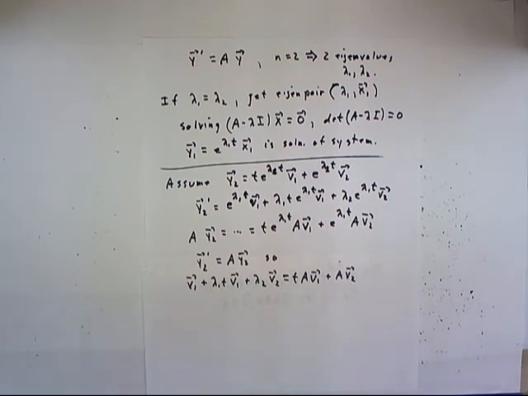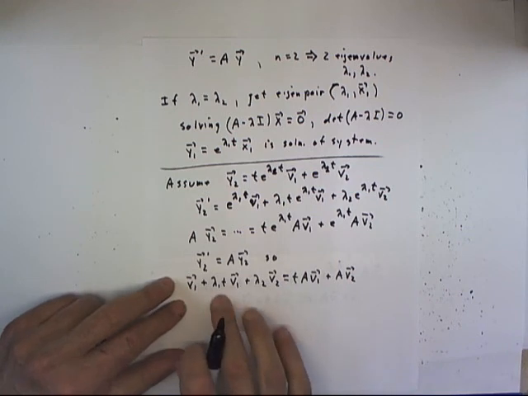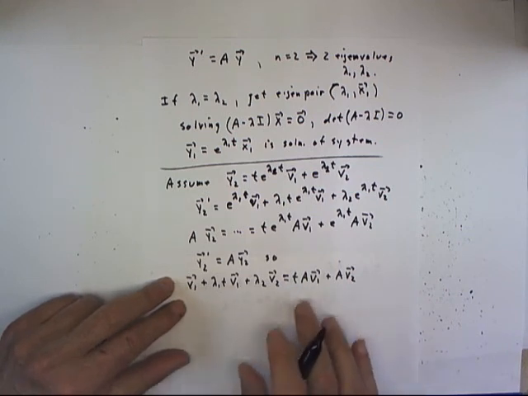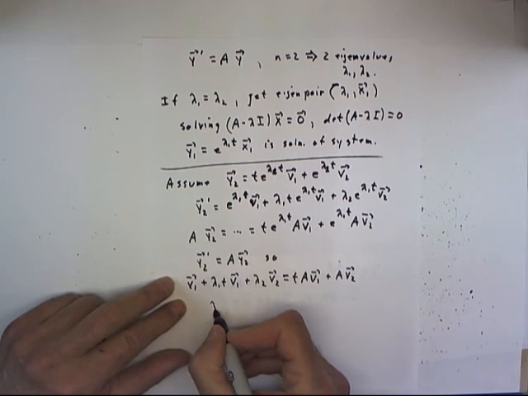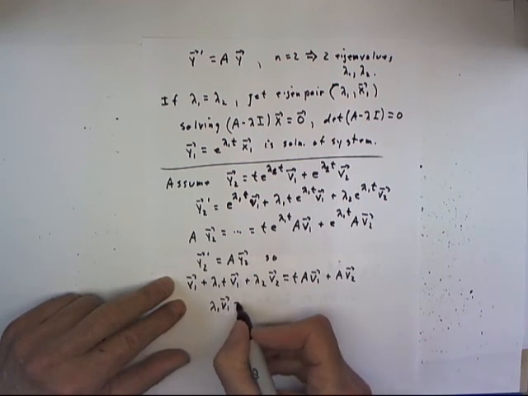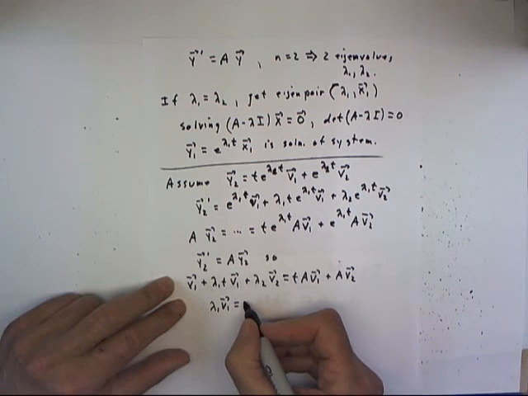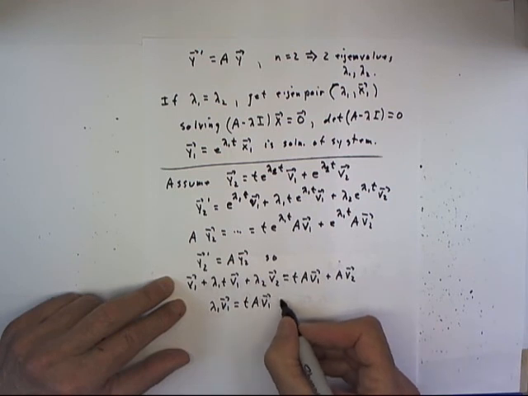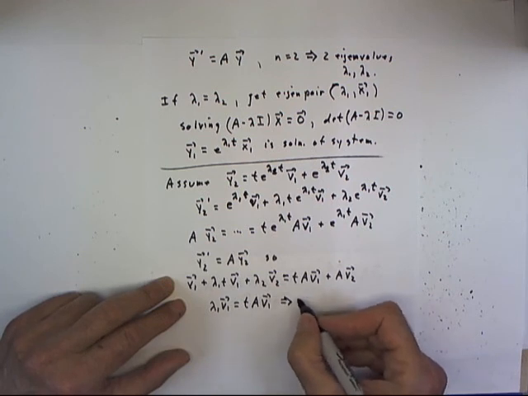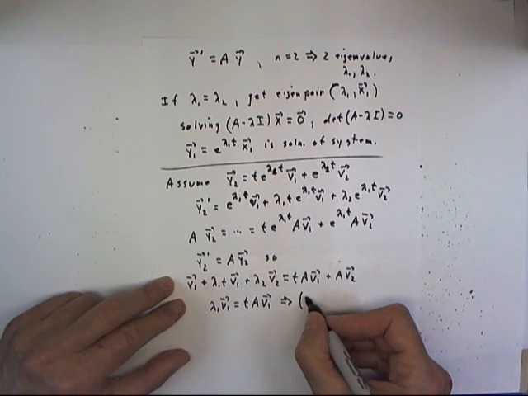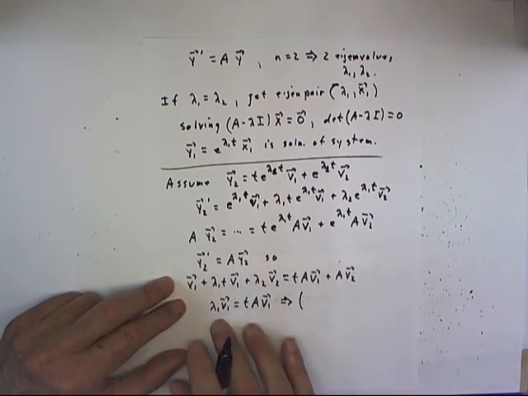As we did with the specific example before, we note that the coefficients of t on both sides have to be equal, so that lambda 1 v1 has to equal A v1.